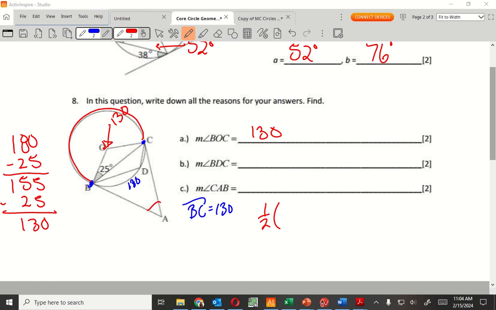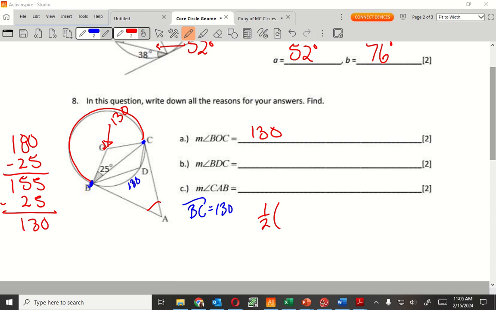My outside angle, if my arc was 130, this whole circle, what does the circle add up to? 360. So together they have to add up to 360, right?